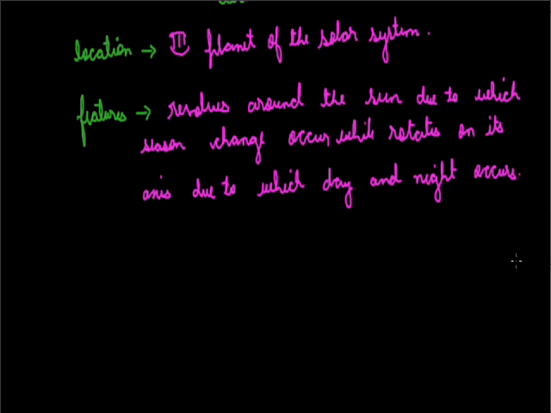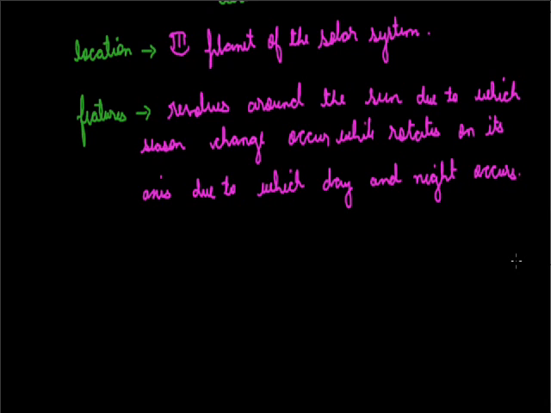Earth completes its one revolution around the sun in 365 1/4 days. Due to this extra 1/4 day, there is an occurrence of leap year after every 4 years.